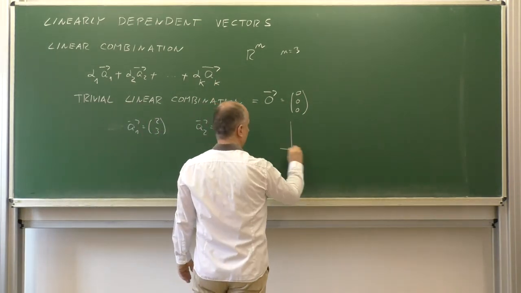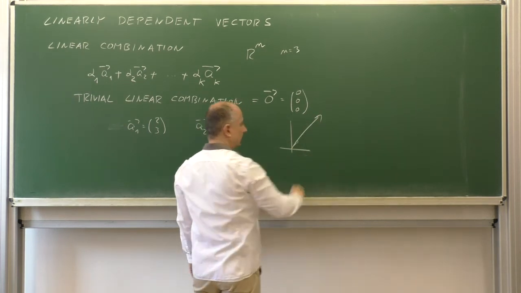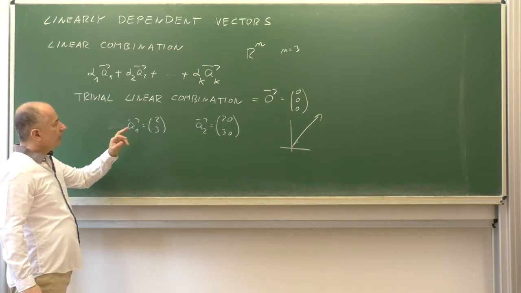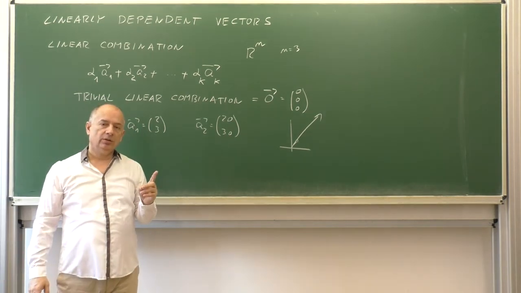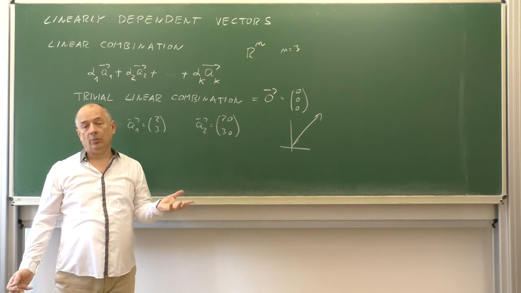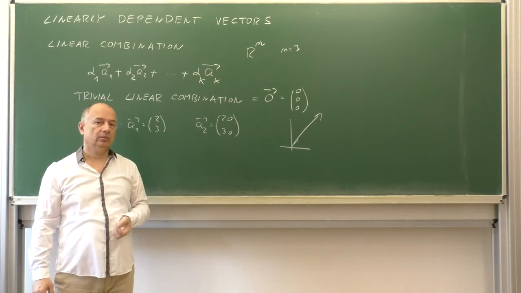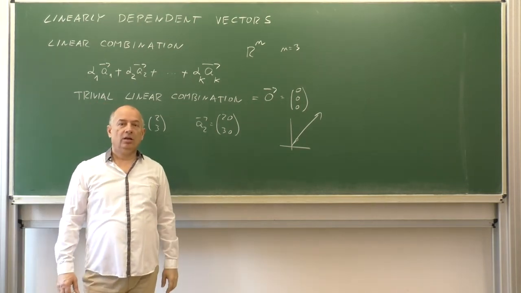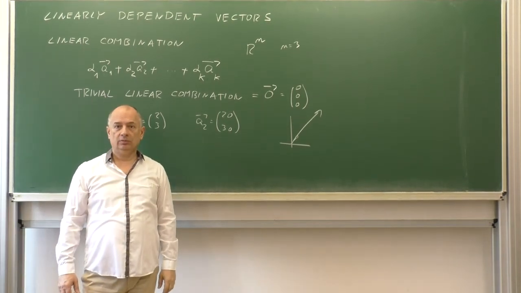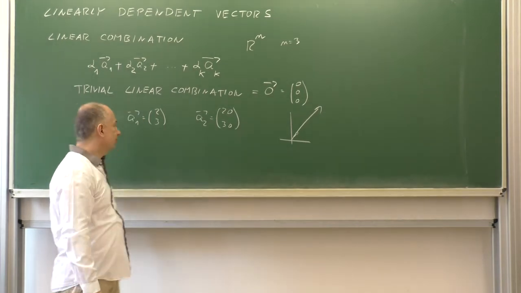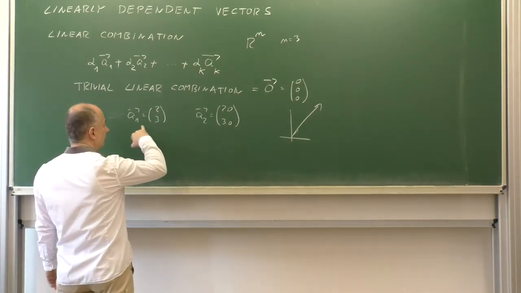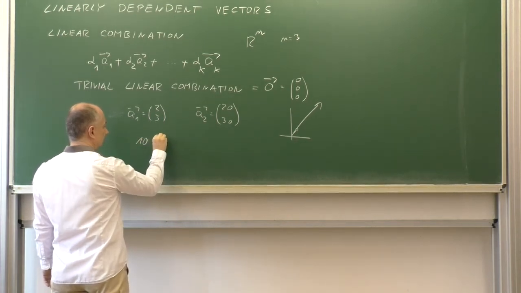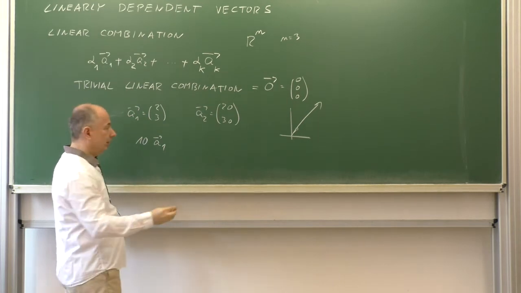We could visualize this as 2, 3, 20, 30 like that. Can we build a linear combination of these two that is equal to 0? Sure, we can. A trivial linear combination. Okay. Can we build a non-trivial linear combination of these two vectors equal to 0? Yes, we can. If we take the coefficients 10 and minus 1.